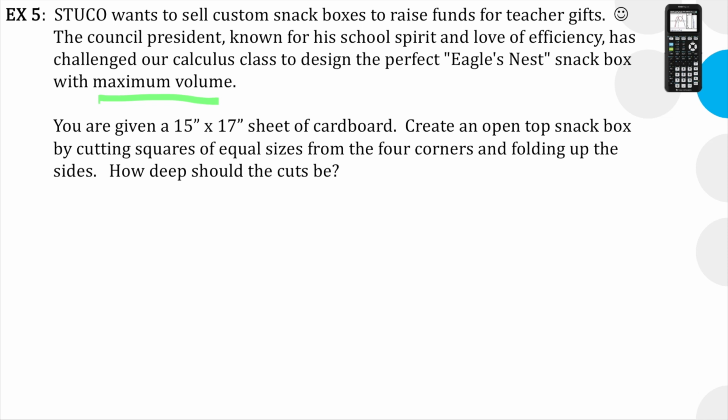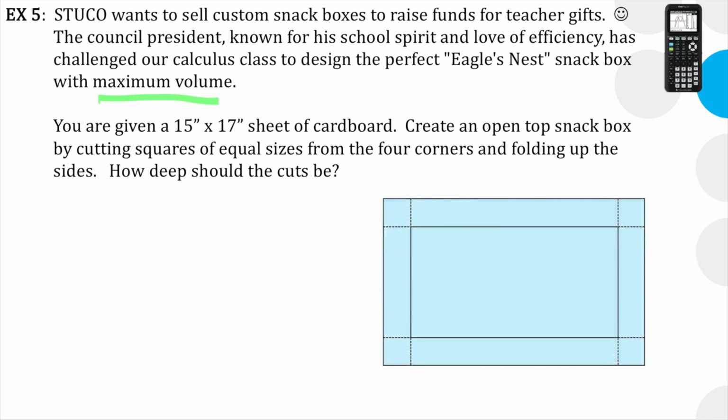You are given a 15 by 17 inch sheet of cardboard, and your job is to create an open top snack box by cutting squares of equal sizes from the four corners and folding up the sides. So the question is, how deep should the cuts be?